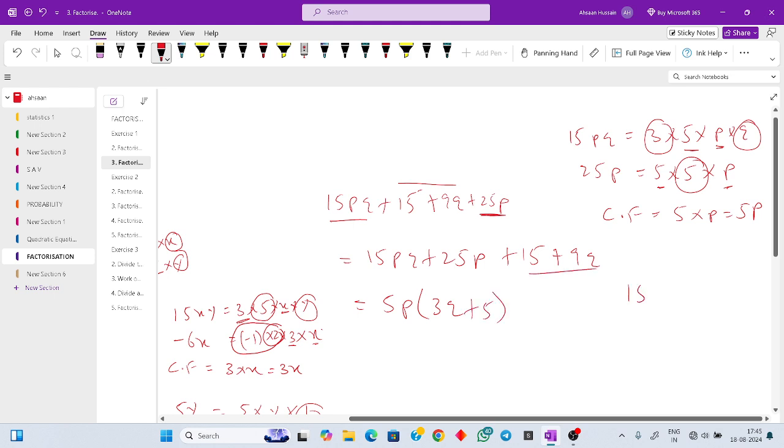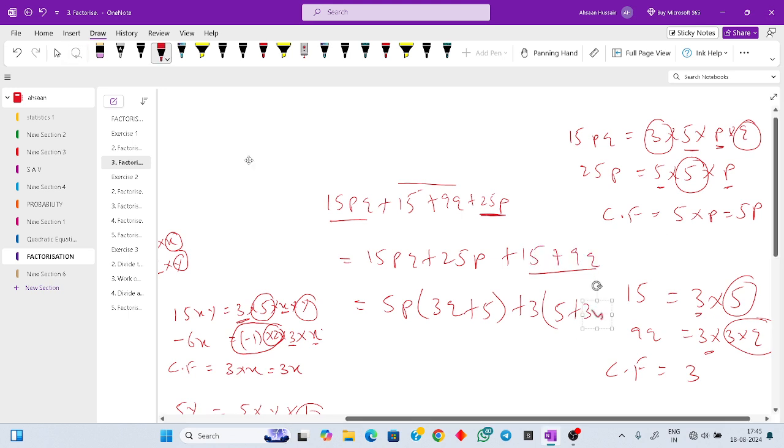And in 15 and 9q, 15 means 3 into 5, 9 means 3 into 3, also multiplied q. So what is common here? This 3 is common. What is left? 5 is left here. And what is left here? 3q is left here. So now see, the 4 terms have been reduced to 2 terms, first term and second term.